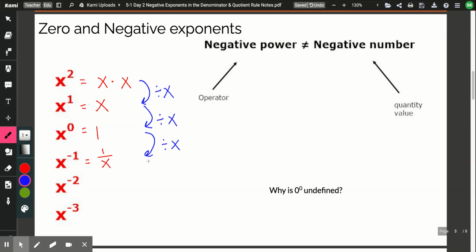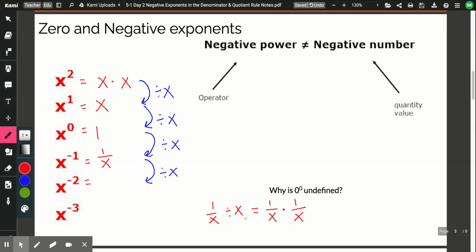Let's keep going. Let's divide by x again and figure out what this one equals. What is 1 over x divided by x? Well, we know that when we divide a fraction by a number, it is the same thing as multiplying by the reciprocal of that second value.